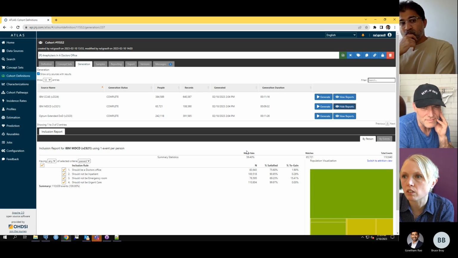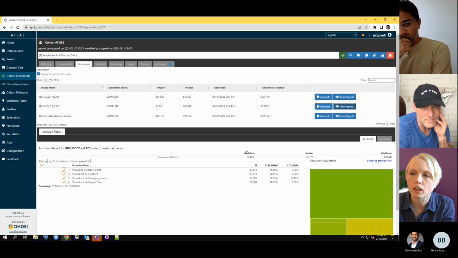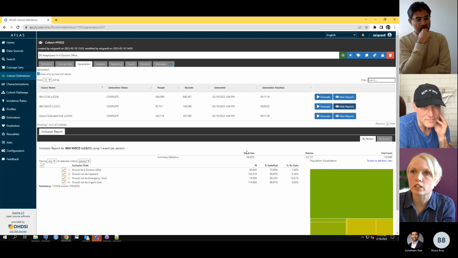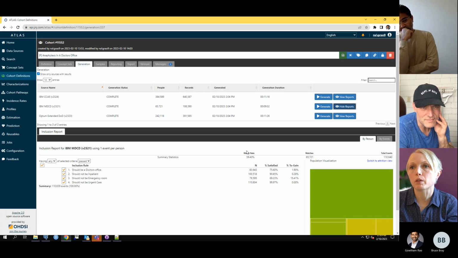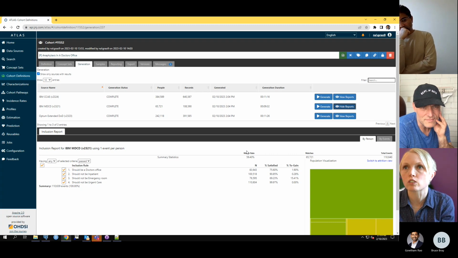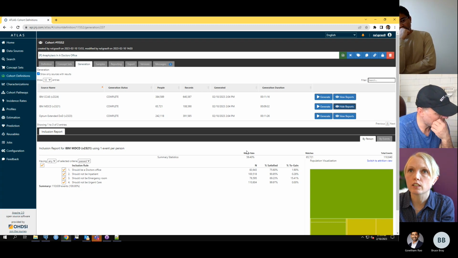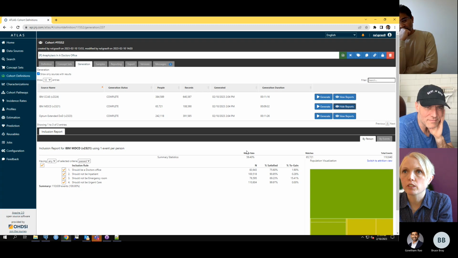And one of the limitations with all the data sets, no matter what source, unless potentially we're looking at a registry data set from a country that's been keeping records from birth to death, is that a good chunk of the population in any data set likely had their anaphylaxis event documented before the data capture started. So I'm not surprised that we're missing the acute event in a lot of these areas.